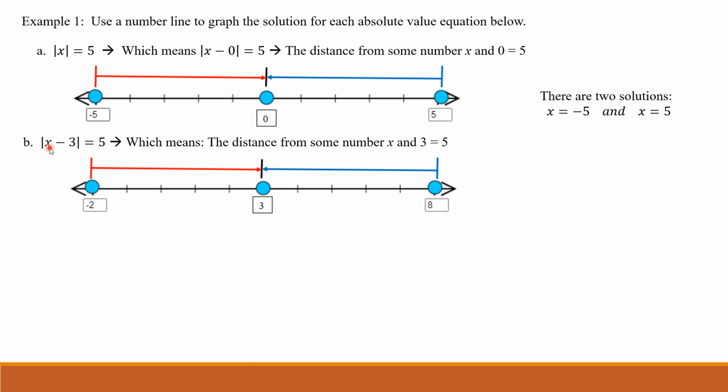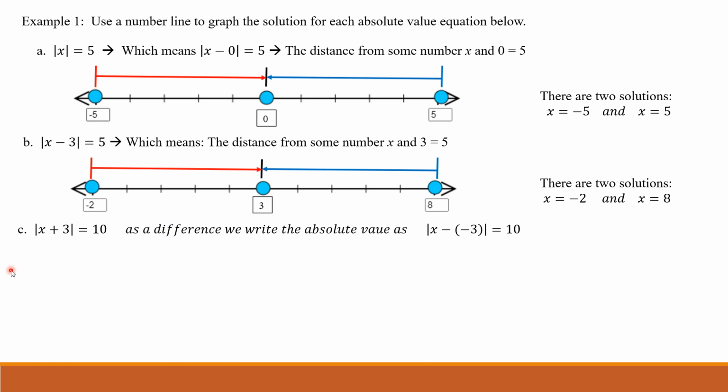I can find the solutions by using my distance of 5 and going 5 units to the left, which takes me to -2, and 5 units to the right, which takes me to +8. So there are two solutions again, x equals -2 and x equals 8. They are both 5 units away from 3.